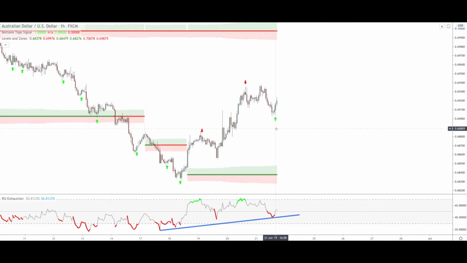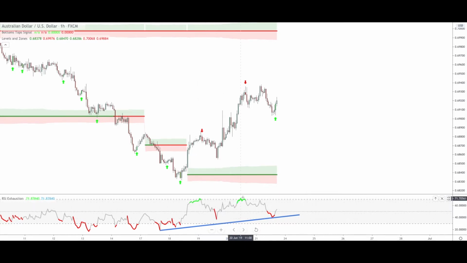The second condition is to have the RSI exhausted, and we have it. Typically what happens in this setup is that we have the first bottom lower, which we have, and the RSI is exhausted in coincidence with this bottom, and then we have the RSI going up, maybe even to an overbought situation like in this case, and it is also exhausted, which is excellent, and then it comes back down.